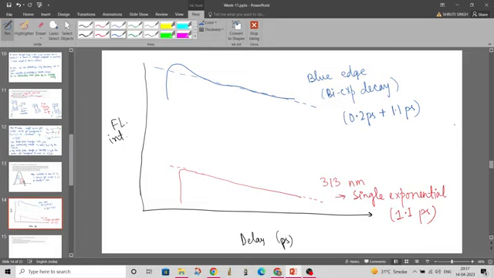The semi-log plot, this is a semi-log plot. So we see in the red edge, this is the red edge.